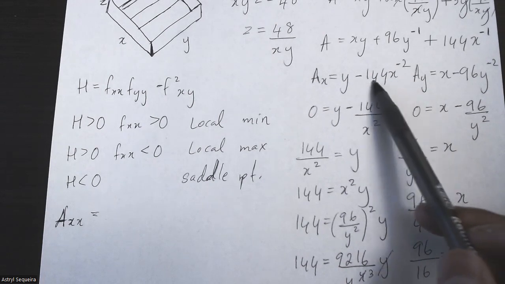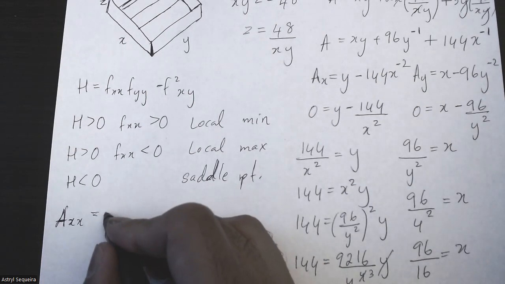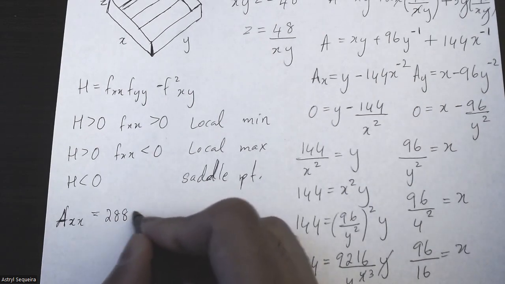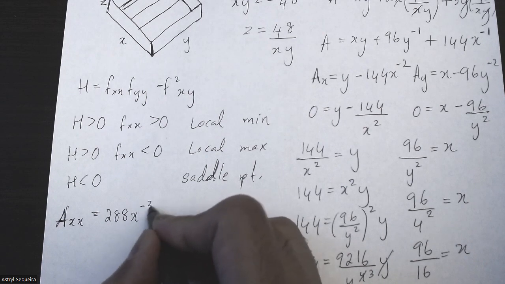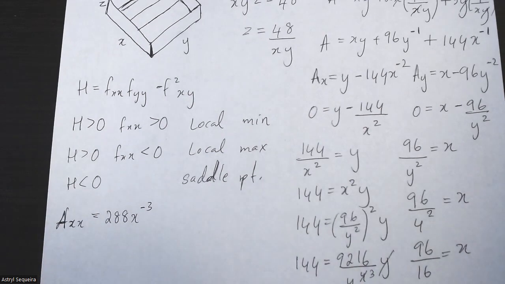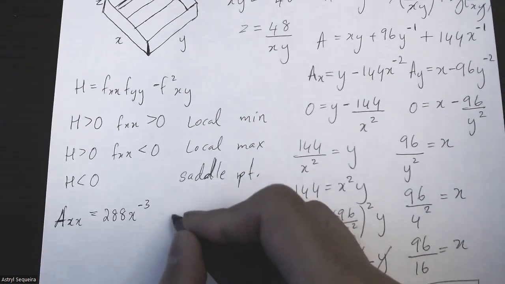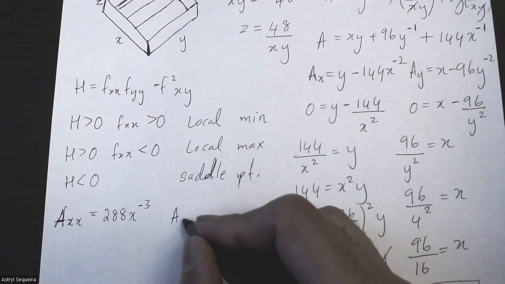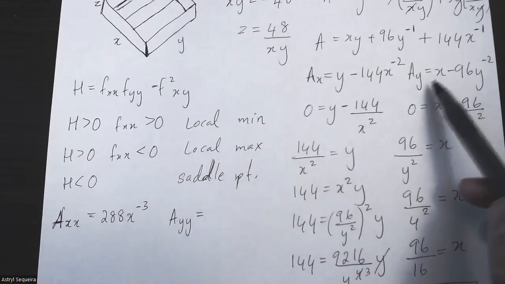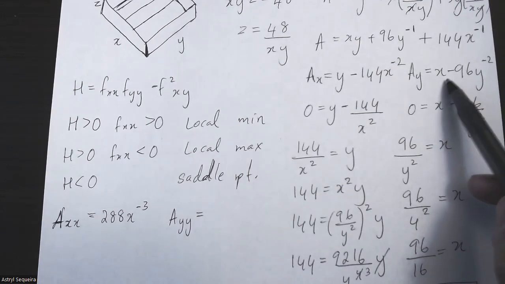If I derive this in terms of x, I'll get positive 288 x to the power of negative 3. I'll find ayy next. So I'm just deriving a of y in terms of y. This is going to disappear.